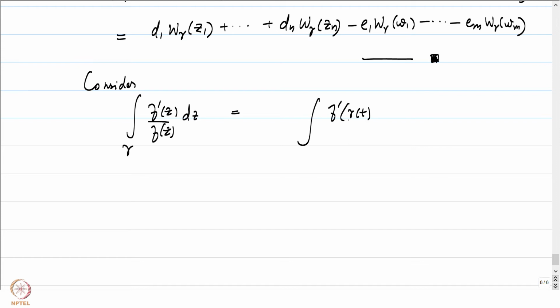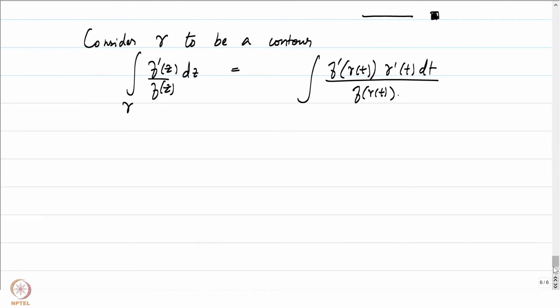So, if gamma is defined from a to b, consider gamma to be a contour, a piecewise smooth curve, then it is f prime of gamma of t, gamma prime of t dt by f of gamma of t. And by the chain rule, this is just equal to the integral of f composed with gamma prime of t dt by f composed with gamma of t.